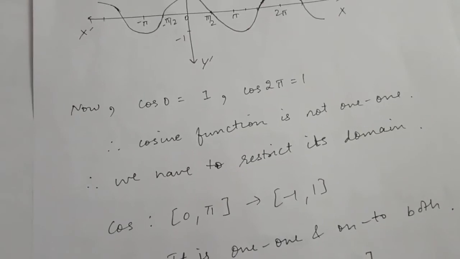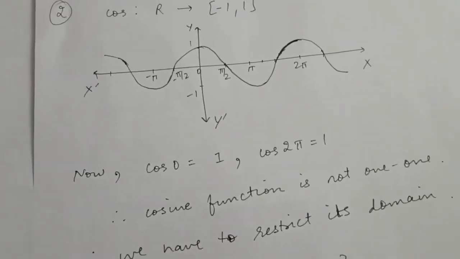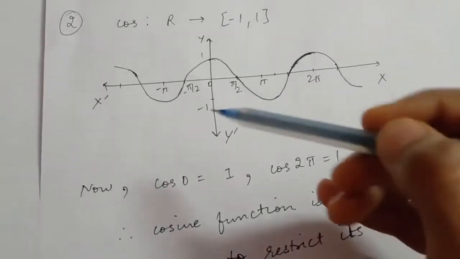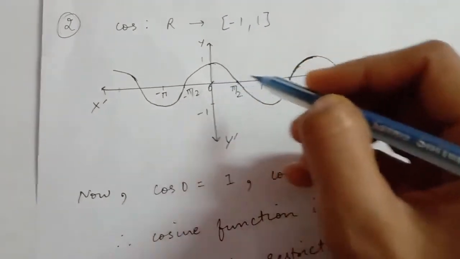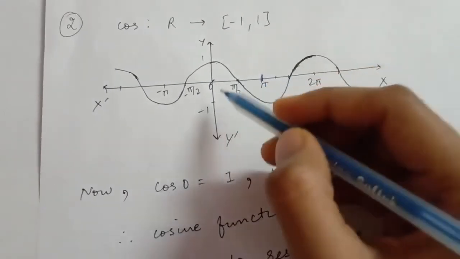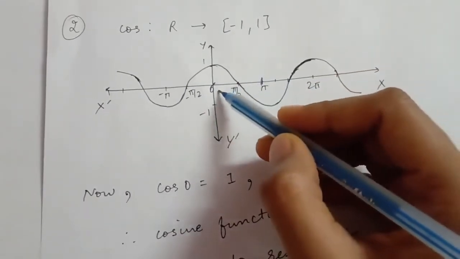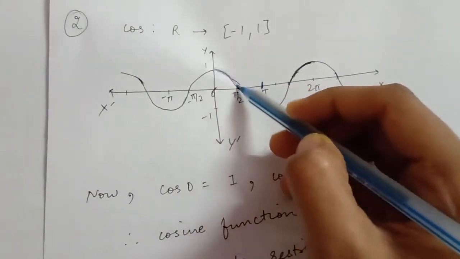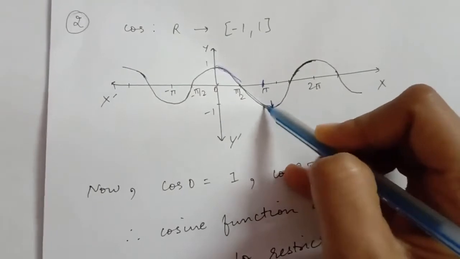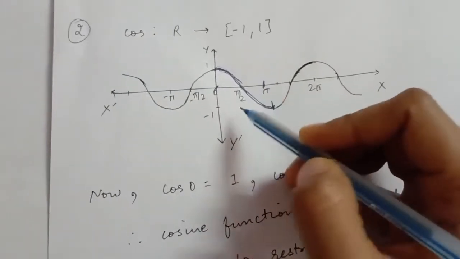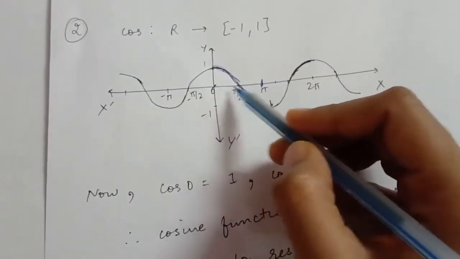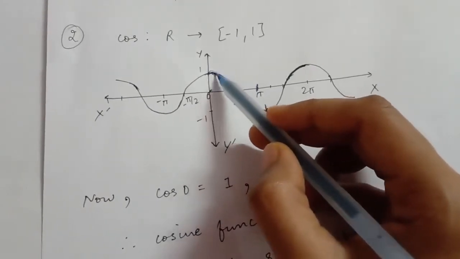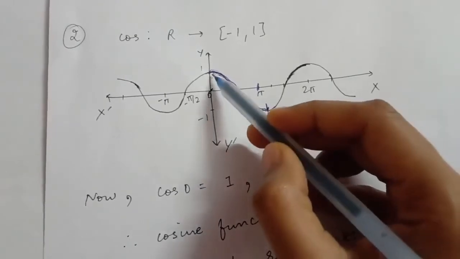Therefore we have to restrict its domain so that the function becomes bijective. Now if I restrict the domain from 0 to pi, so see, from 0 to pi the value of the function will be this up to here, right? So from 0 to pi, if I take this as the domain, the function will contain all the values from -1 to 1.